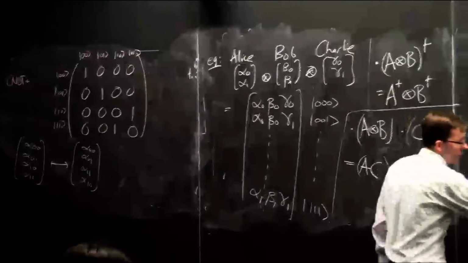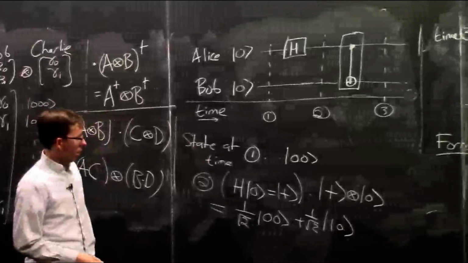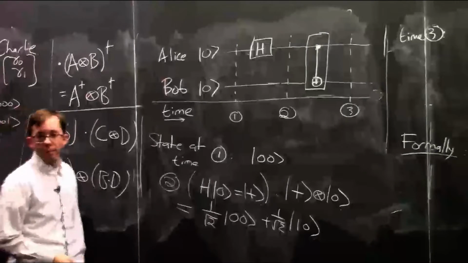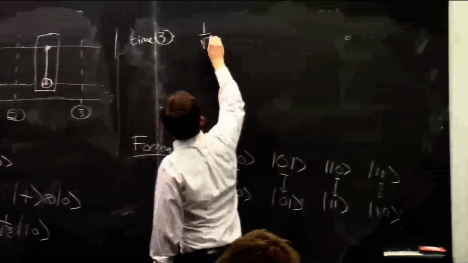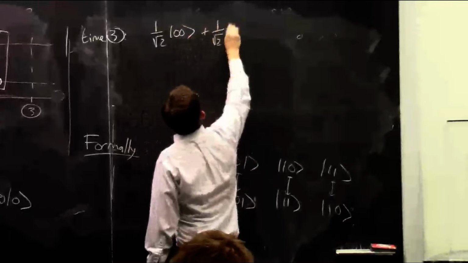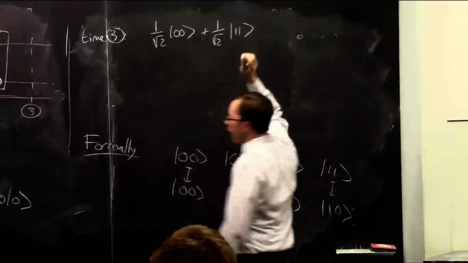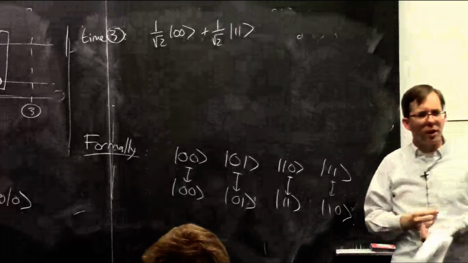So this part stays the same, and this switches to 1, 1. So it's 1 over root 2, 0, 0, plus 1 over root 2, 1, 1. Okay, and that's the end. Any questions about the calculation?